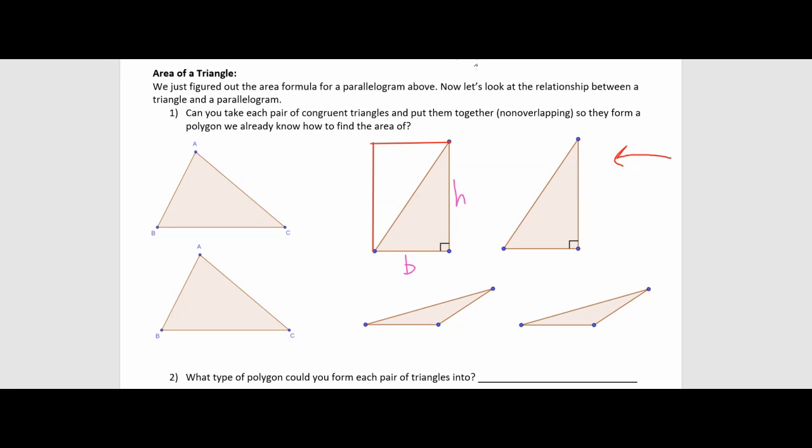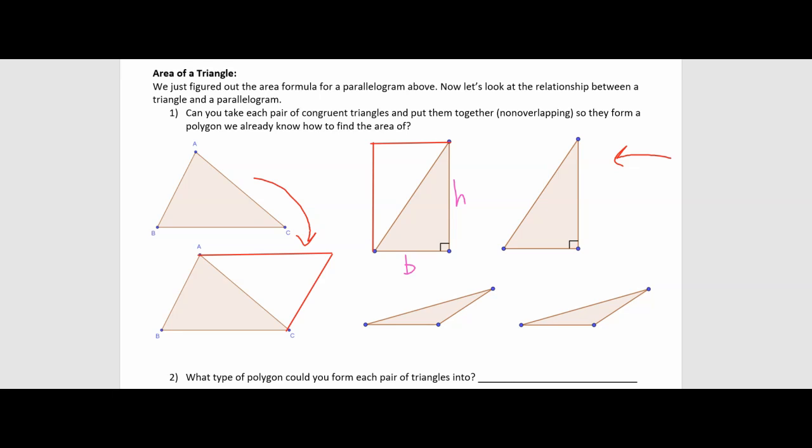Now, for these other ones, let's see what we get. So if I move, let's say I move this one down here, I'm also going to have to flip it over. I end up getting something that looks like this. So if I flip that triangle over, rotate a little bit, I could end up building a parallelogram.